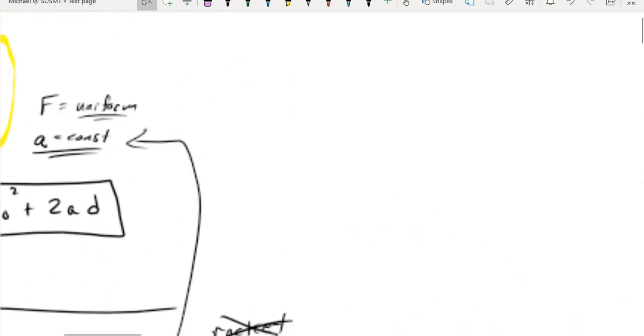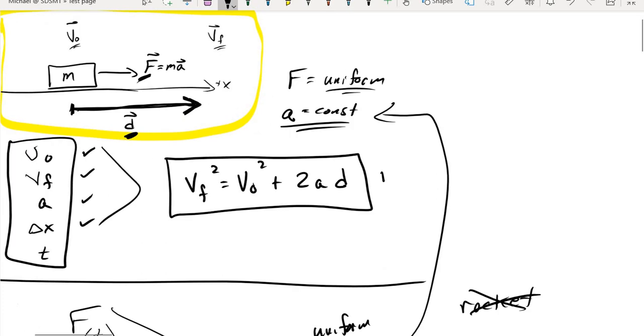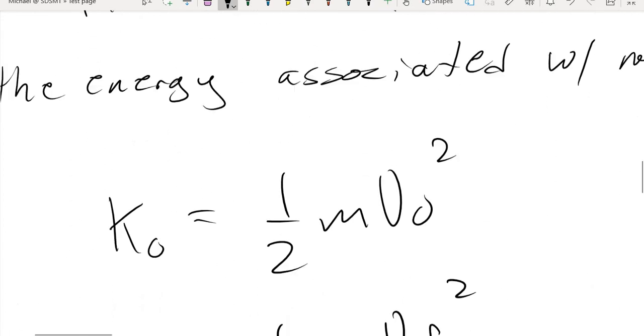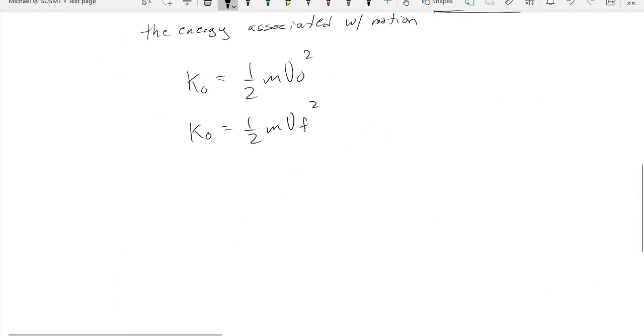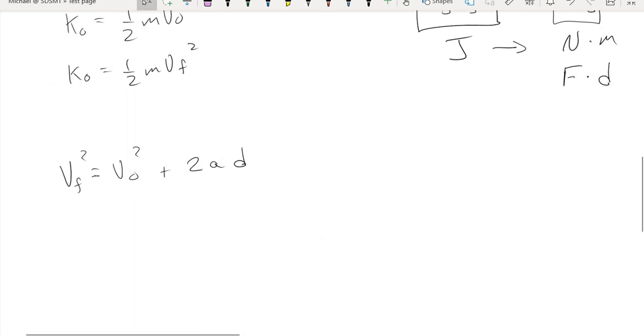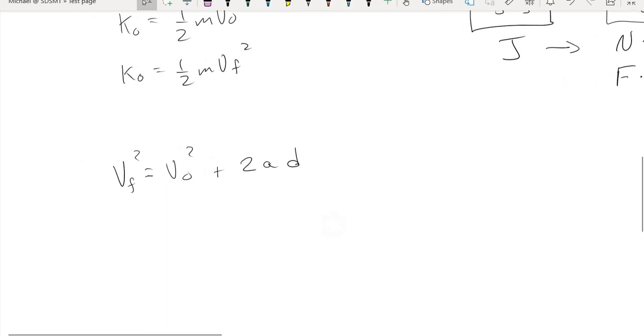Remember that kinematic equation that I wrote down up here? Well, let's take that and let's apply it to our system. We have our kinematic equation that describes how our velocity is going to change based on the acceleration and the displacement of our object.